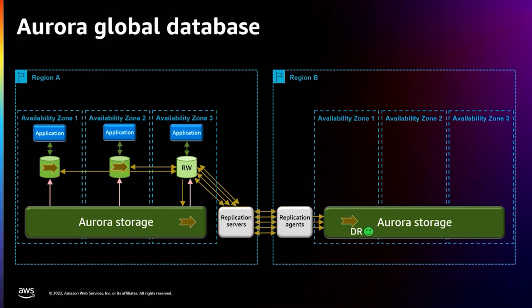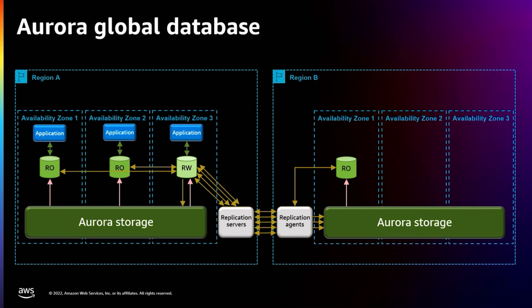So in this architecture, you are seeing that in region B there is no read replica. We call it a headless implementation. In case you don't need a very low RTO, you can afford to add read replicas or instances during a disaster. You can reduce your cost by running Aurora Global Database in headless mode.